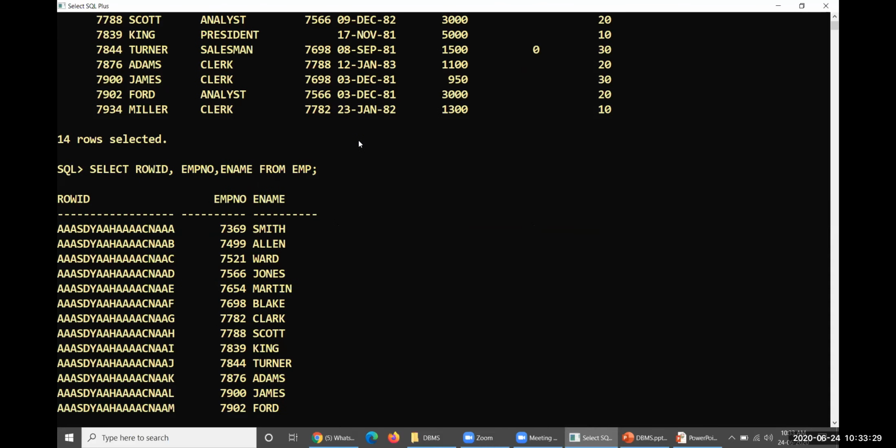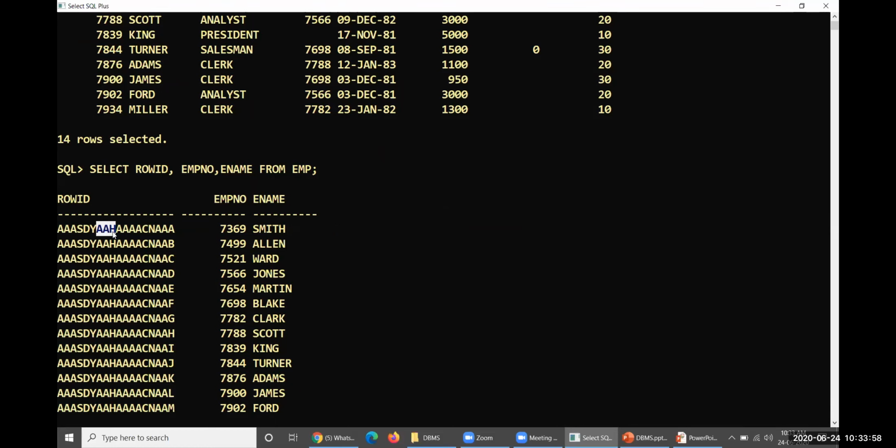So the first 6 digits, 1, 2, 3, 4, 5, 6, AAASDY, will be called the object. The object here is the table. Then the next 3 digits tell in which format it has been stored: it has been stored in the form of a file.